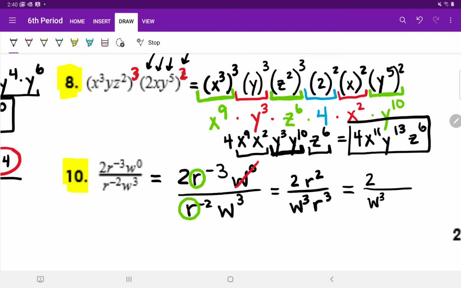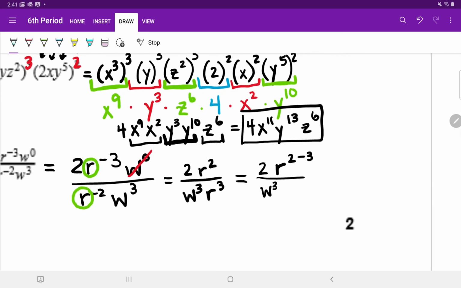So this is really important. The r from our quotient rule is going to go up top. That's important. And then we subtract the top exponent minus the bottom exponent. So simplifying this a little bit, we get 2 times r to the negative 1 over w cubed.